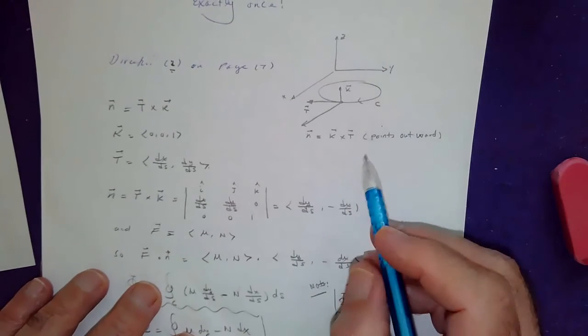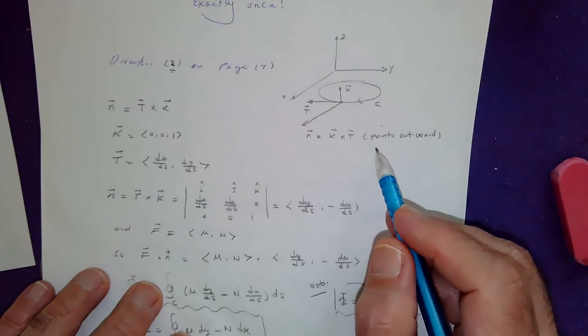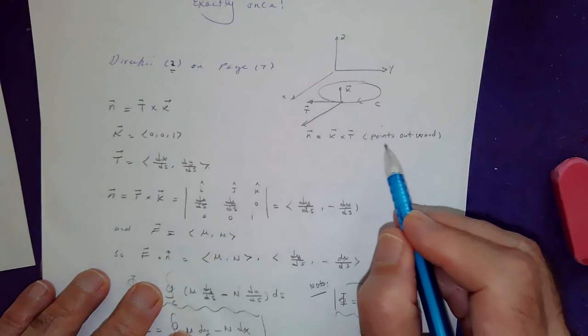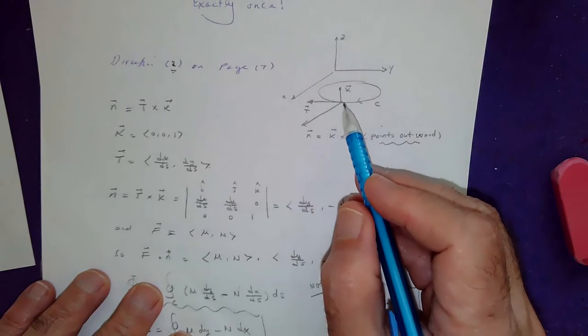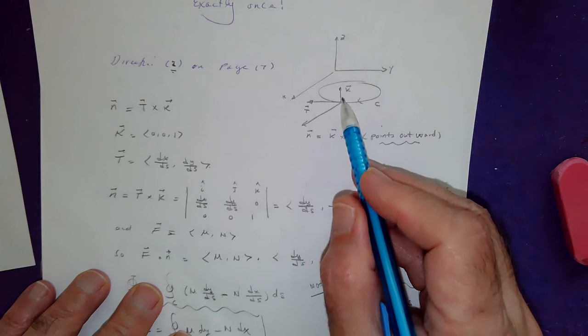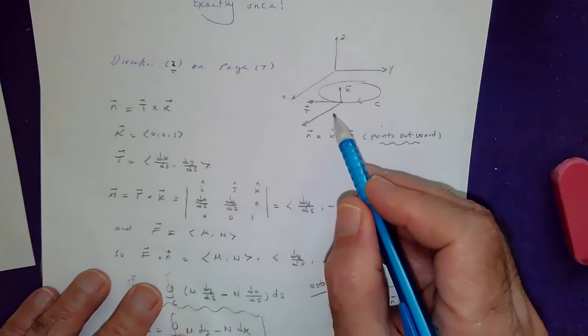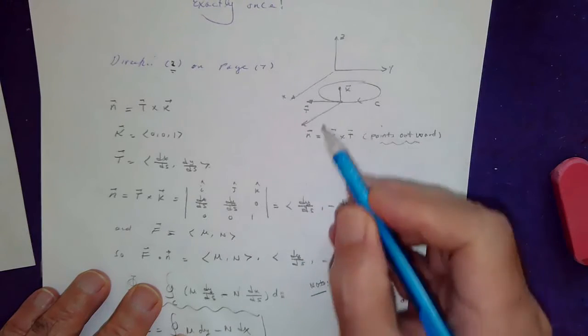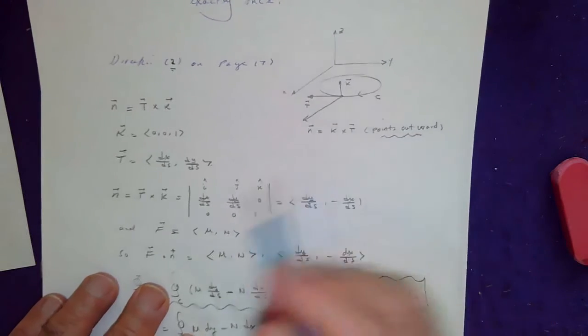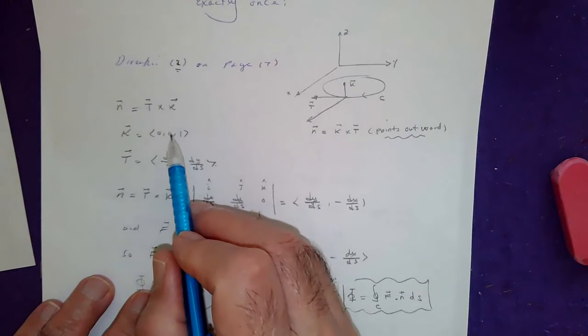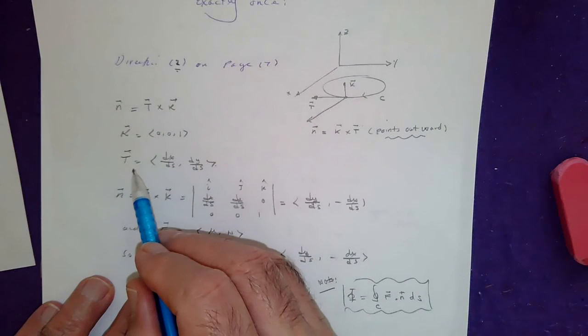So I'm taking the clockwise case. The normal has to point out. So in this case, what I have to do is take the cross product of k and t in order to get a normal which points out of the curve, not into the curve, but out of the curve. Keep in mind k was (0, 0, 1).